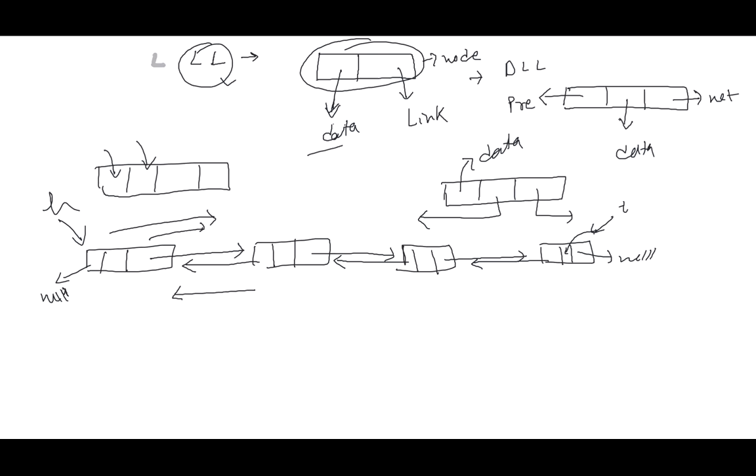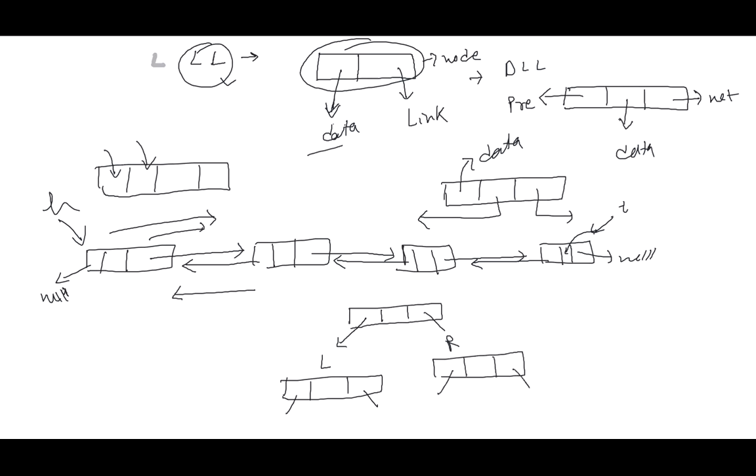Now we can modify it like this, where we have data, and we have this left and this right. Similarly here again we have data, so we have left and right, and here we have left and right. Till now, the singly linked list, the doubly linked list, and the circular linked list are all linear data structures because we are going in a linear fashion.